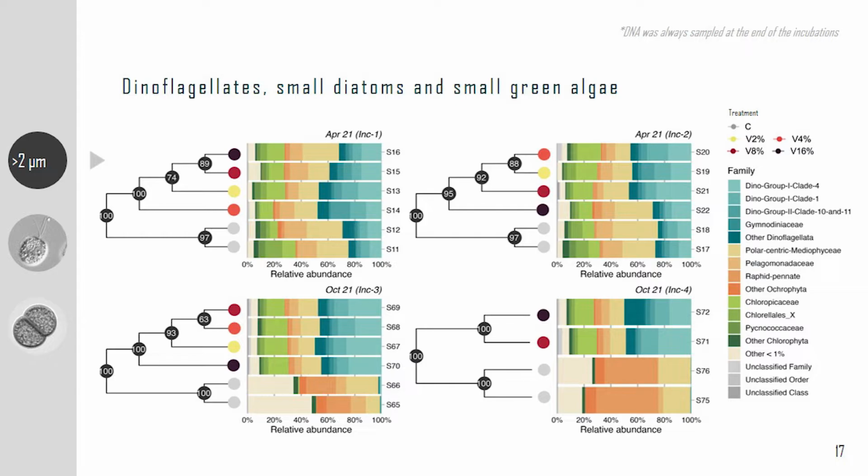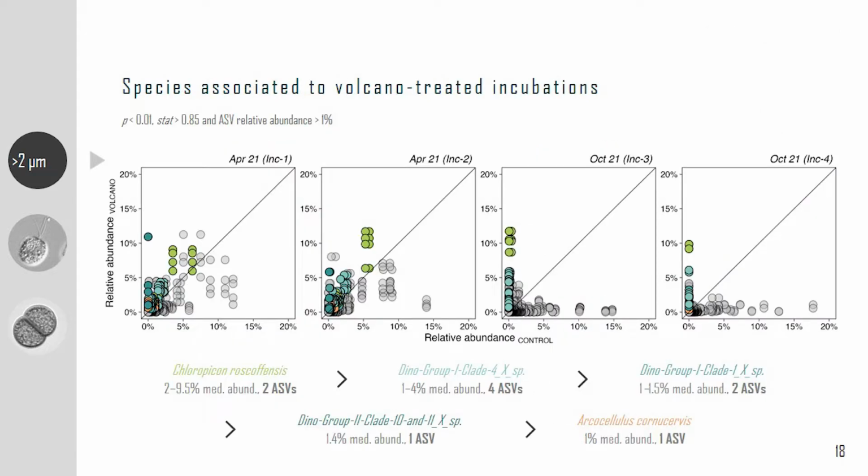And that's where the thing is really interesting, because we see that diatoms, the polar-centric Mediophyceae and also the Raphid-pennate, were the most abundant in our volcano-treated incubations, and also the Chloropicophyceae small green algae. And also, we wanted to go further, and we did an analysis to find the species that were characterizing our volcano-treated incubations.